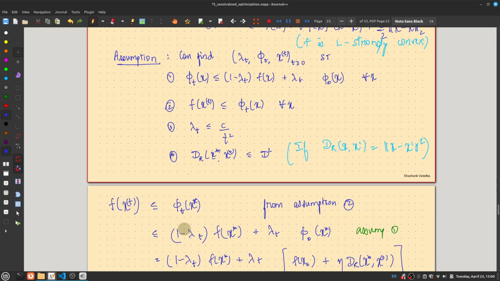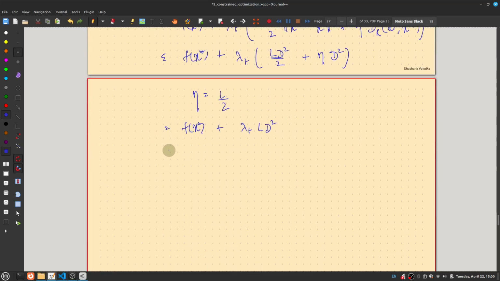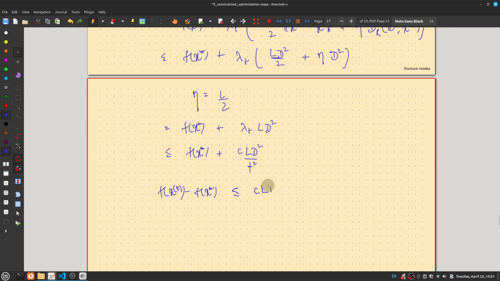It's less than or equal to some constant divided by t square. So this is less than or equal to f of x star plus some constant times LD square divided by t square, or f of xt minus f of x star is less than or equal to some constant times LD square divided by t square.